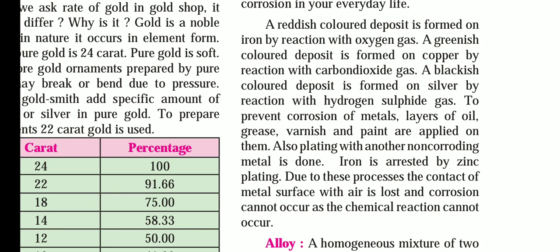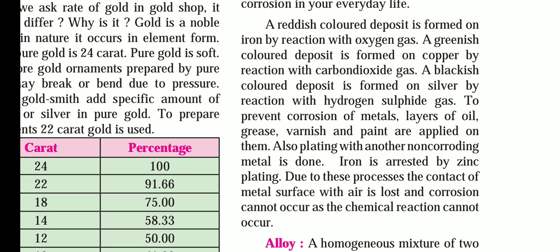Okay, all the metals and their corrosion colors are given here; you remember this. A reddish color deposits on iron, which reacts with oxygen gas. Similarly, a greenish color deposits on copper, which reacts with carbon dioxide. And the third given here is a blackish color deposit on silver by reaction with hydrogen sulfide gas. Okay, blackish on silver: if you take any silver coin or silver ornament and a blackish color deposit is on it, it is nothing else, it is only corrosion.